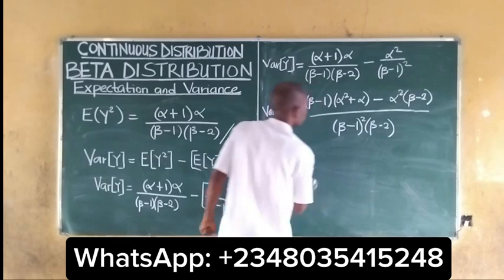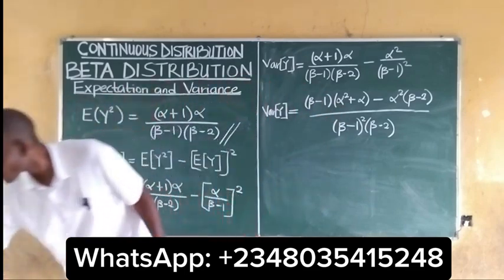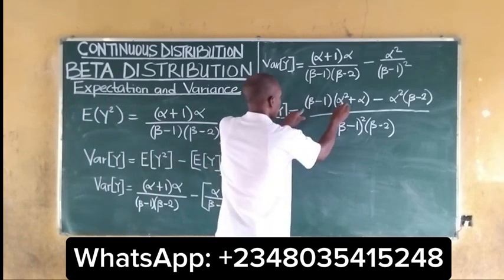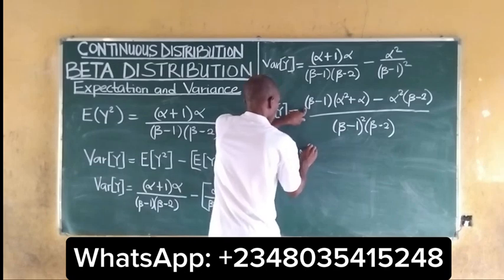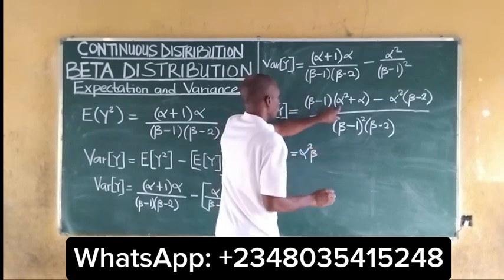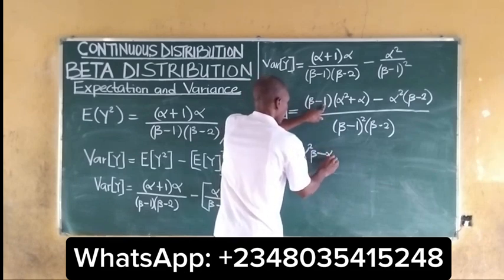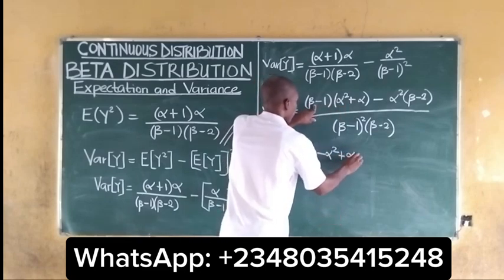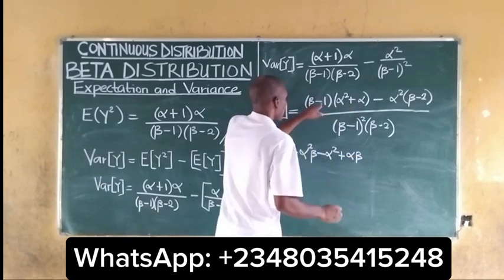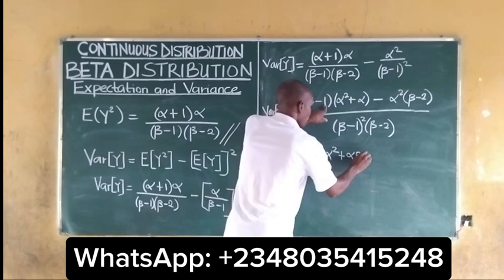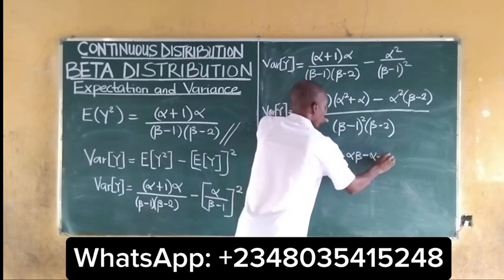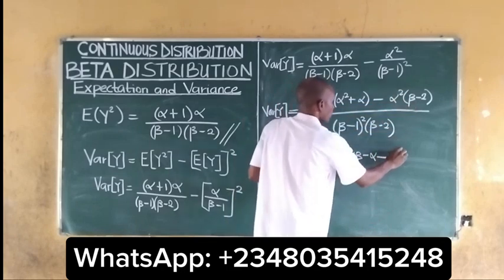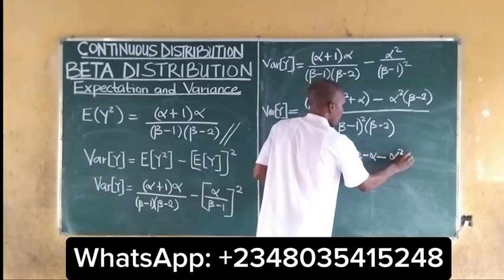So the next thing to do is to open the whole of these brackets. If we open these brackets, this multiplied by this will give us alpha squared beta. This multiplied by this will give us minus alpha squared. This multiplied by this will give us plus alpha beta. This multiplied by negative 1 will give us negative alpha. Minus alpha squared multiplied by beta will give us alpha squared beta.